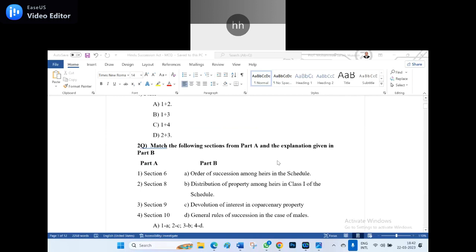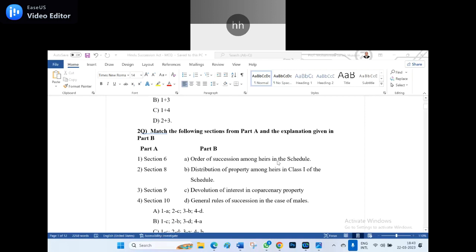Match the following sections from part A and the explanations given in part B. Part A, I wrote all the sections. Part B, I mentioned its explanation. Part A: 1, section 6; 2, section 8; 3, section 9; 4, section 10 of the Hindu Succession Act.